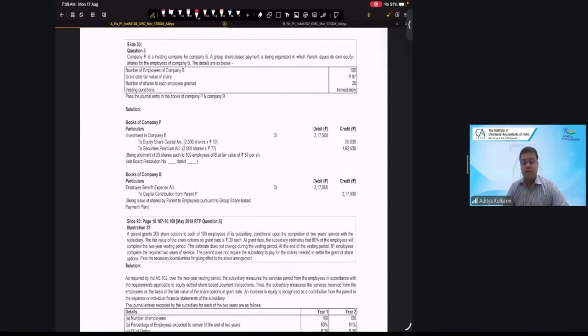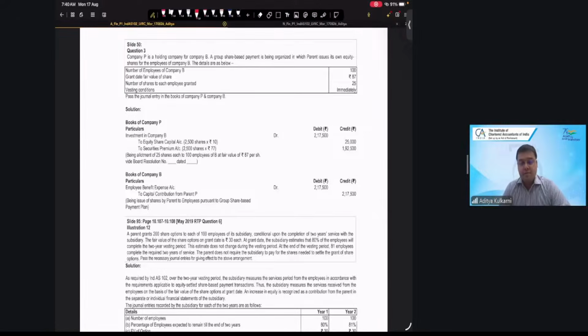So what is the journal entry that will be passed? Can the parent debit employee benefit expense? Answer is no, because employees of P are not benefited. But for S, can it be expensed? Answer is yes, very much, and it should. Employee benefit expense account debit. So that is in the books of the subsidiary.